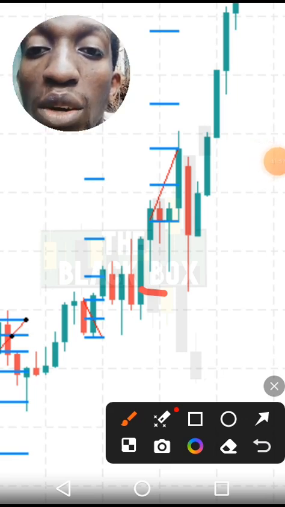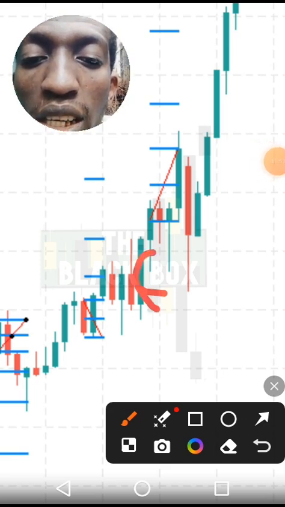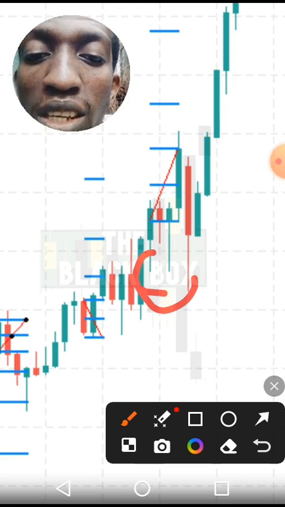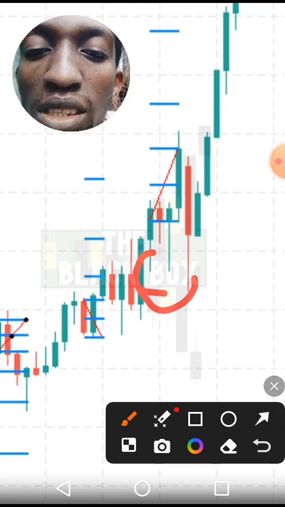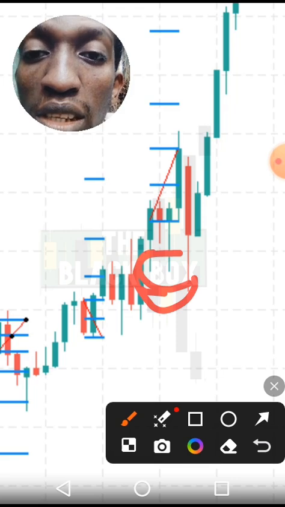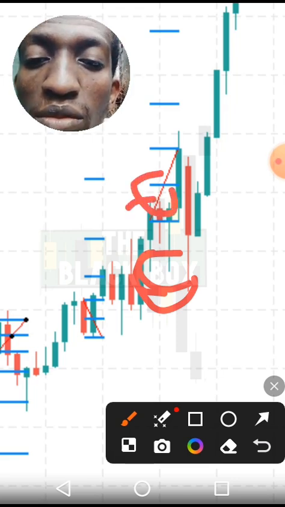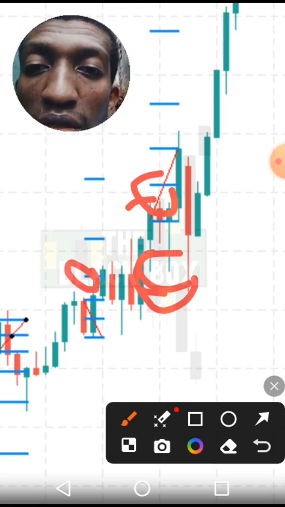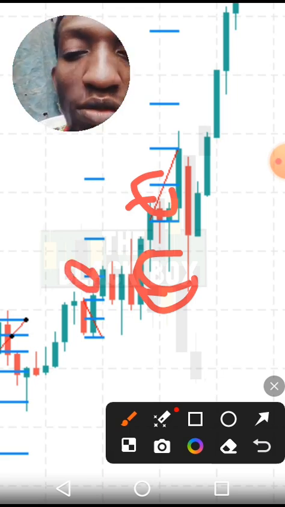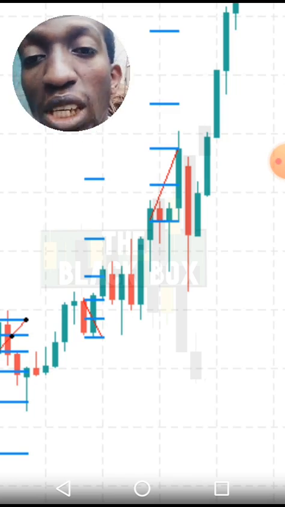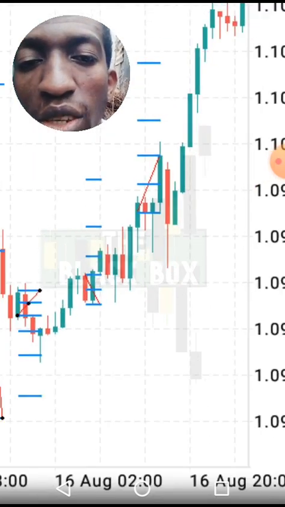We gotta stay away from that place. That's an area of hunt. That is a battlefield. You don't wanna be there. Above there, that's a battlefield. You don't wanna be there. So your stop loss should be away from that battlefield. You don't wanna get hurt.